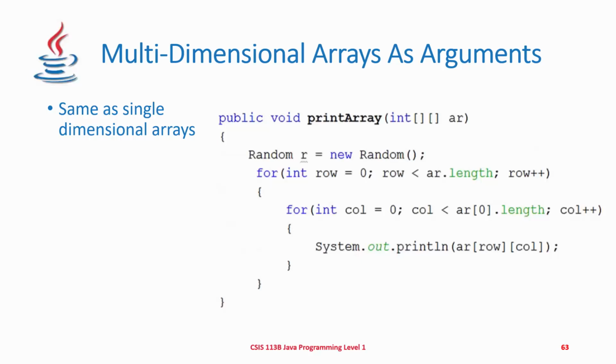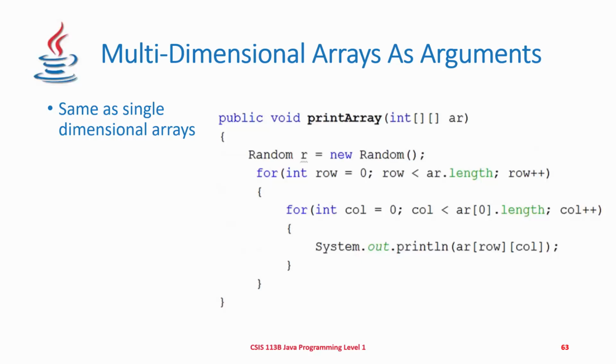Now in the nested for loop, we're going to use col as our control value. It is also starting at 0. We're going to run col as long as we're less than ar[0].length, but because you've established the control variable row in the outer loop, you can replace the 0 with the variable row.